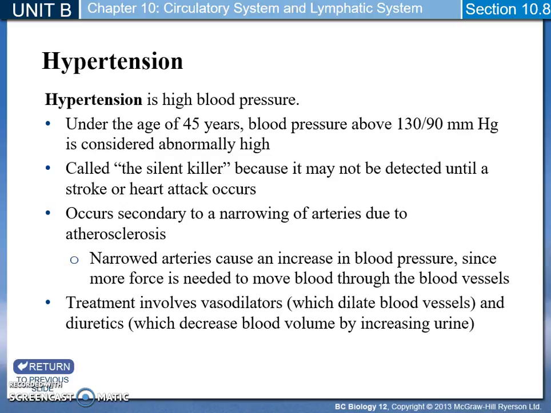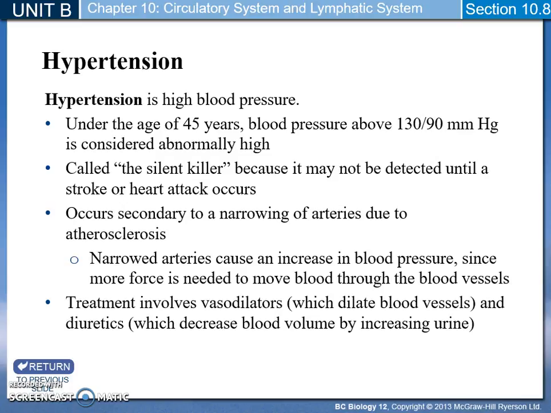Oftentimes, high blood pressure doesn't actually cause any symptoms, and most people that do have hypertension aren't even aware of it. It can occur secondary to the narrowing of arteries due to atherosclerosis, because with narrowed arteries, more force is needed to move blood through the blood vessels, which increases blood pressure.